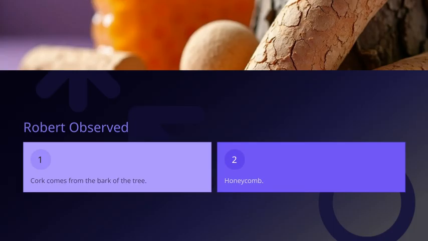Both cork and honeycomb highlight how natural materials are designed by nature to serve specific functions, and they remind us of the incredible resourcefulness found in the natural world. These observations tie into our overall theme of exploring sustainable and innovative materials inspired by nature.